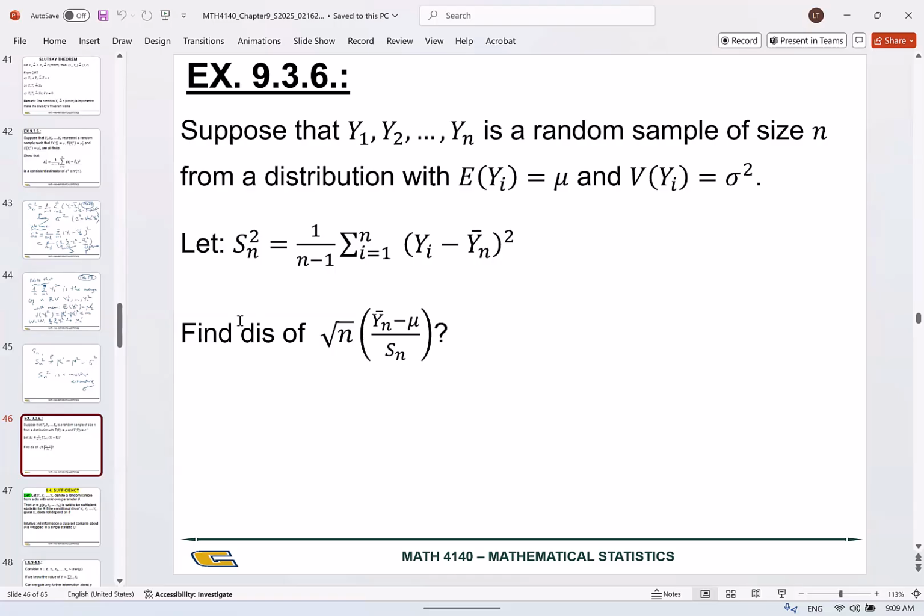Now you just take the sample variance, Sn square, and we need to find the convergence of this whole quantity. So find the distribution of this whole quantity. What distribution here?